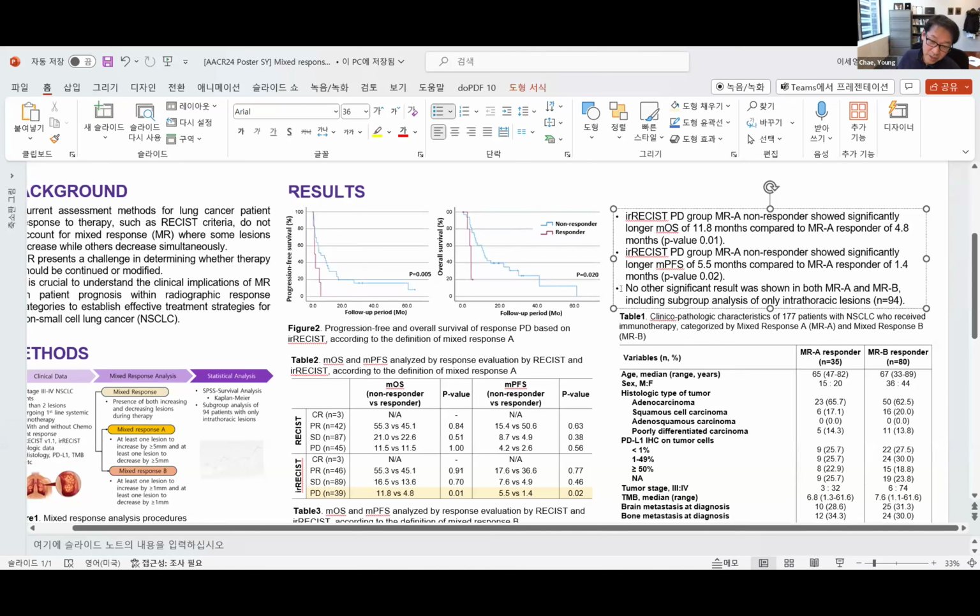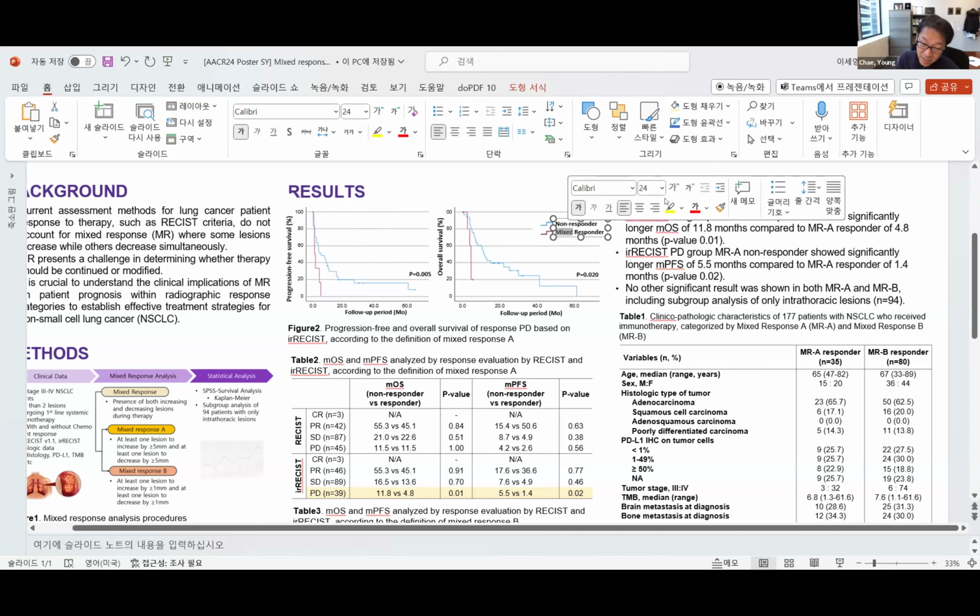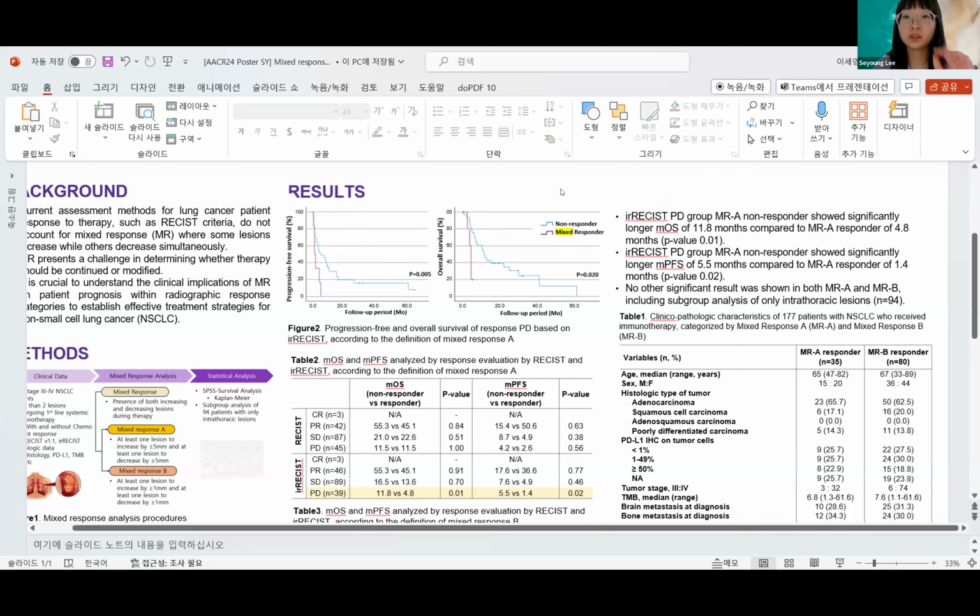The responder should be rephrased as mixed responder. And non-responder, I don't think it makes sense, because in non-responder there are CR, PR, PD, all mixed there. So in my mind, it doesn't make any sense.